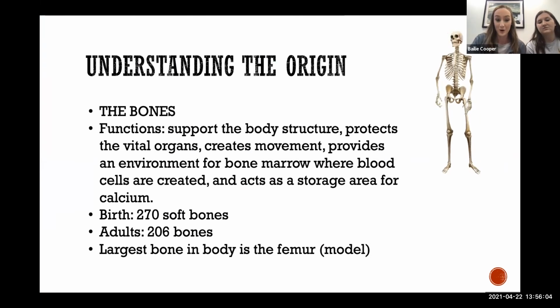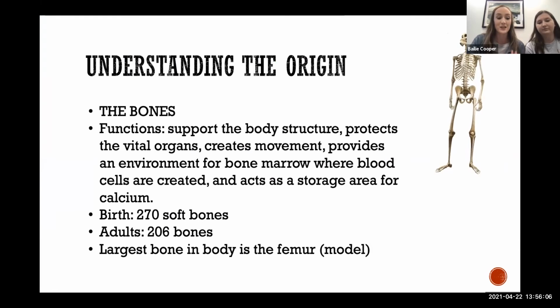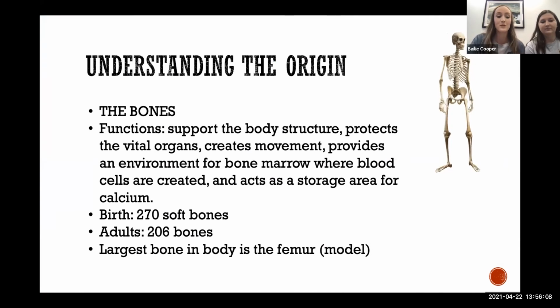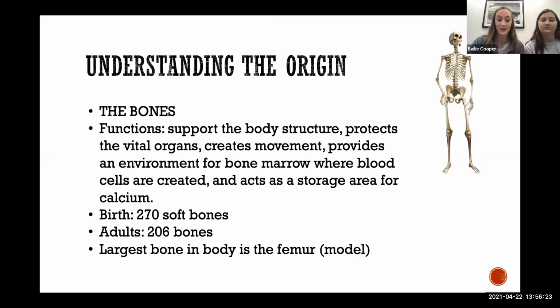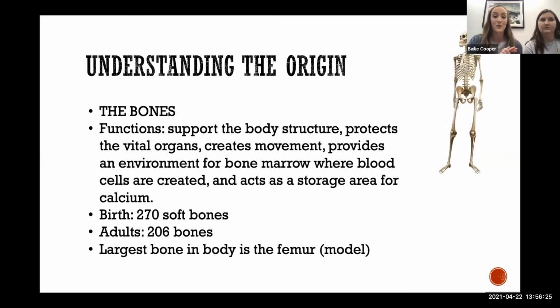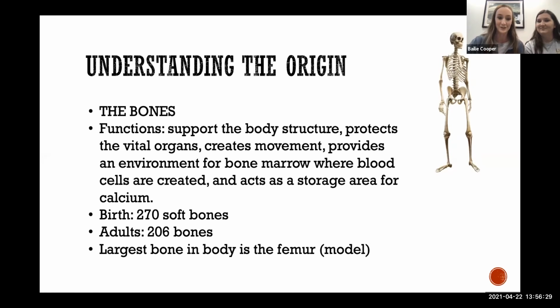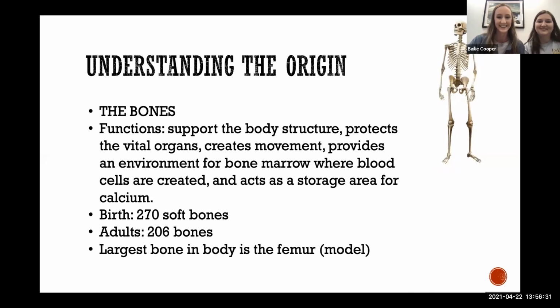The functions of the bones support the body structure, protects the vital organs, creates movement, provides an environment for bone marrow where blood cells are created, and acts as a storage area for calcium. At birth, you actually have 270 soft bones, and then as adults, you have 206. And the largest bone in the body is the femur, which you'll see we did our model on, and it's anatomically correct, and you'll understand in a second.